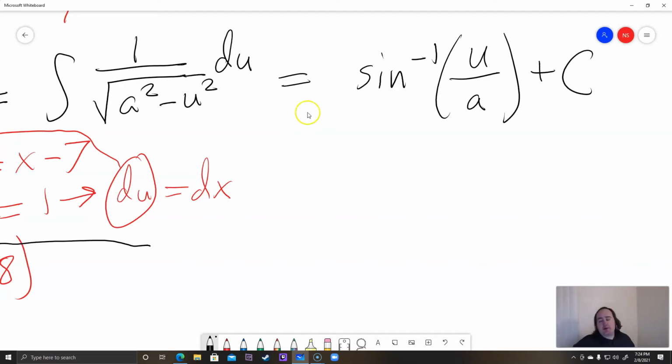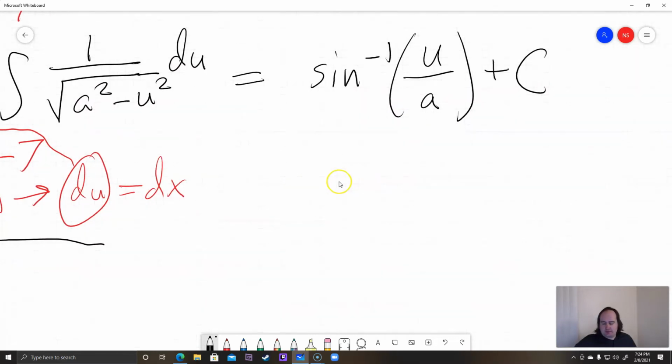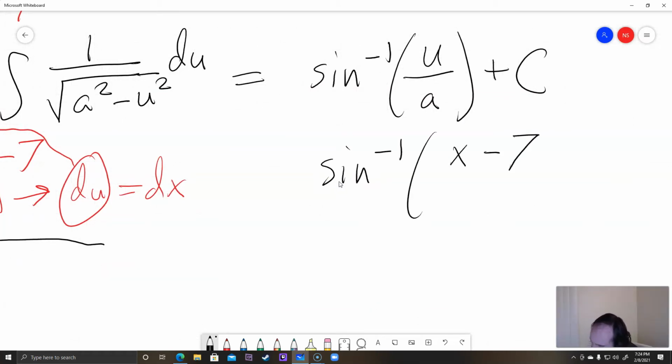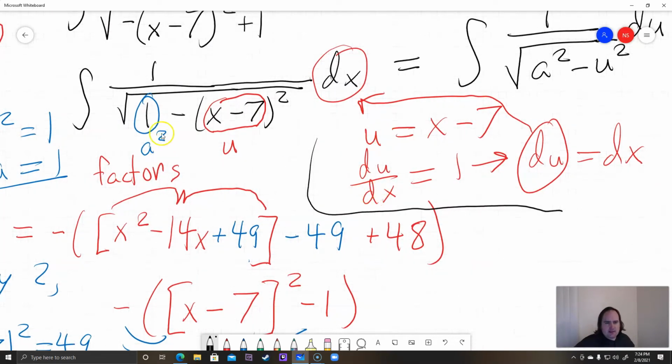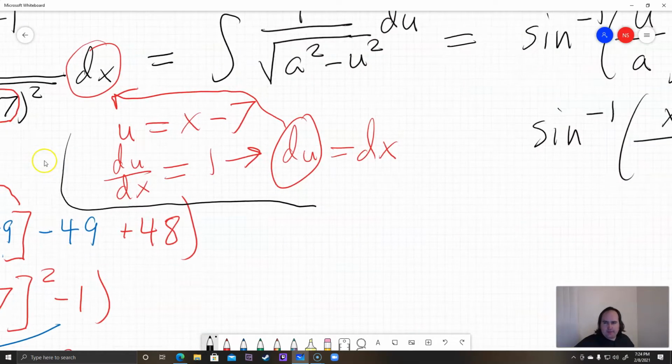And then we just go ahead and plug in the u and the a that we had in this problem. So in this problem, u equals x minus 7. And then a, we said was 1, since a squared was 1, and the square root of 1 is 1.